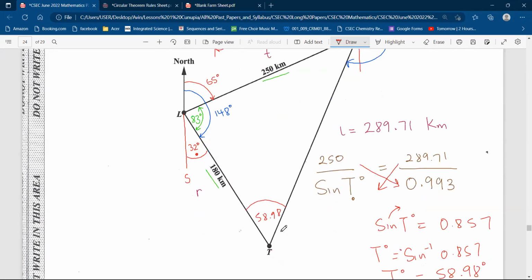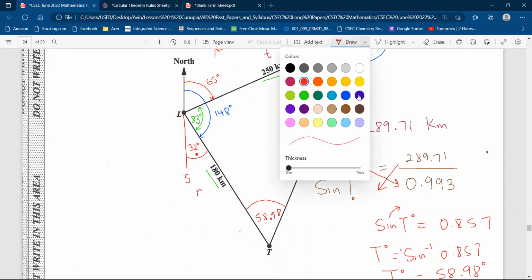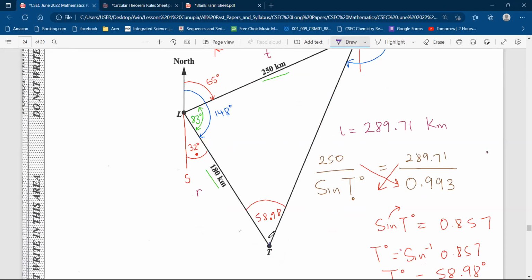Now tell me something. If I have another line here, another north-south line, I'll put it in dashed so it'll be easy to see. That's another north line. Won't two north lines automatically be parallel? Do you all see a Z angle over here? You have a north going up here.